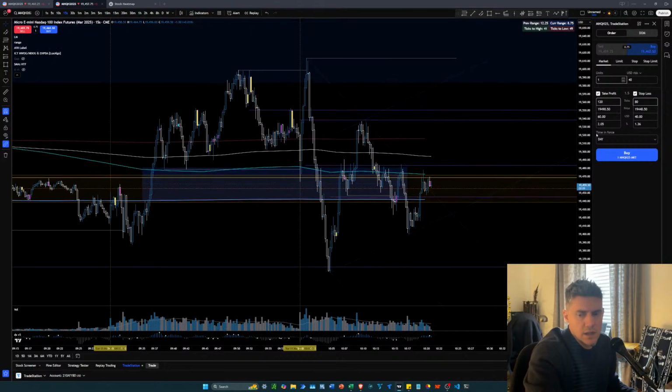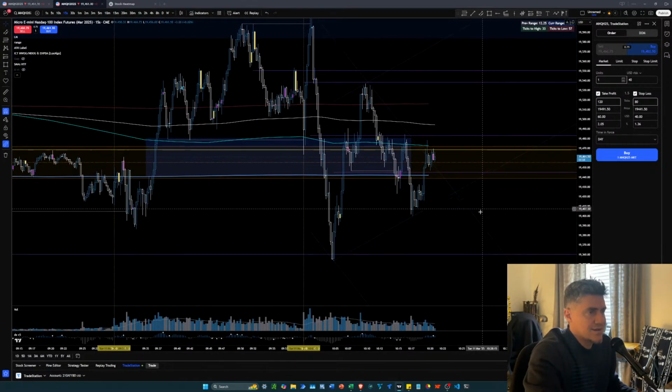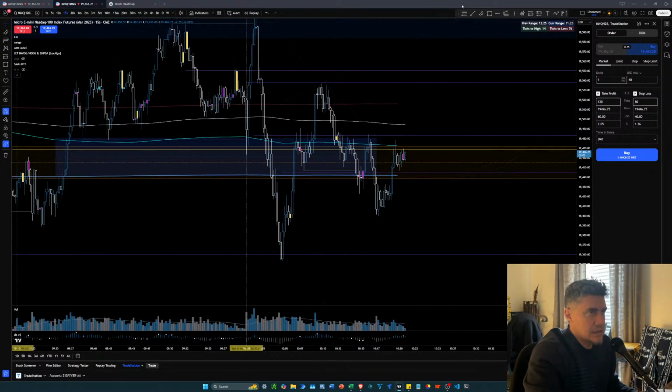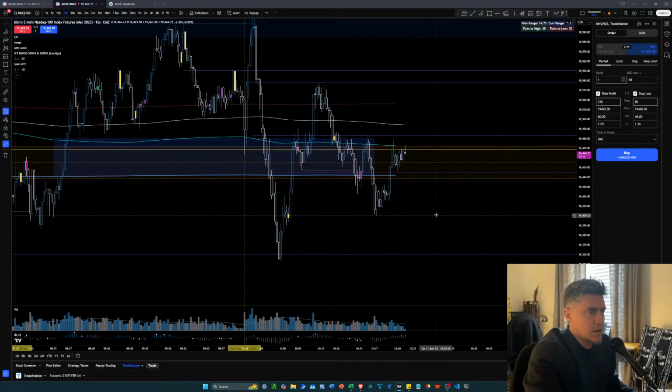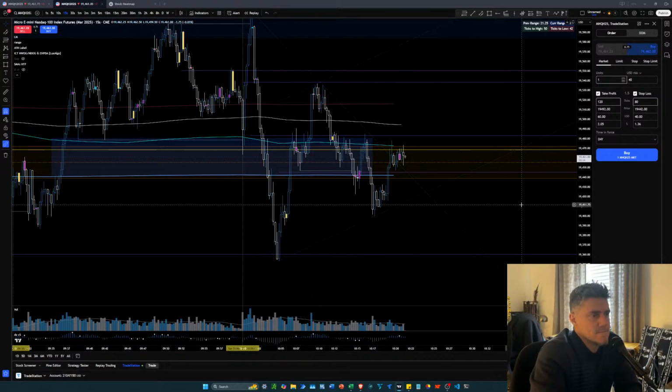Just need a way to get in, define my risk nicely, be happy with the trade, and be out of there. Let's see, another short signal here. Very tempting to take that short because we're below the 20, but now we're chopping between the 200 and the 20. Still want us to push up long here.